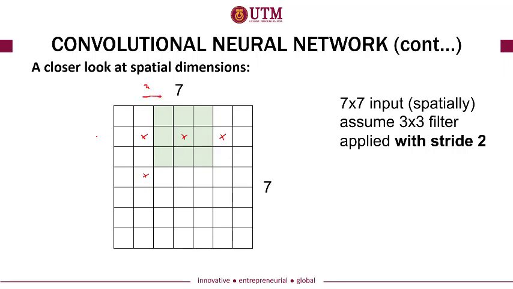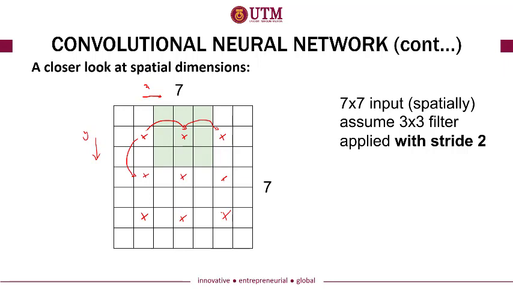You also jump 2 steps ahead in the Y direction as well. So you jump from here to here, and from here to here, and then you will have another one here, another one here, and another one.